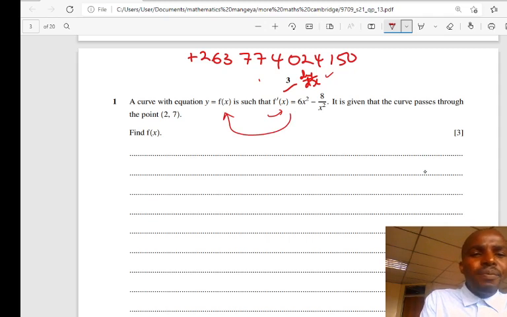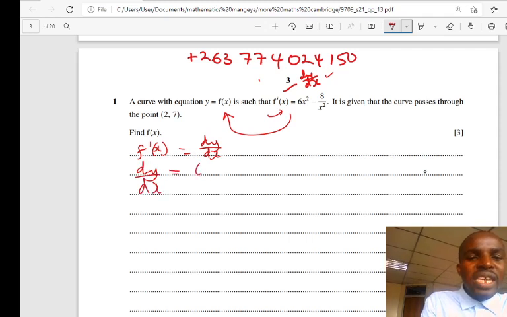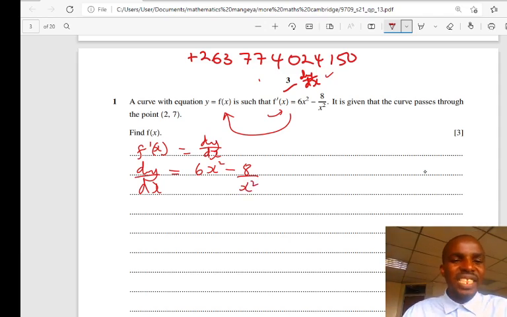What you do is you can say f'(x) is the same as dy/dx. Then you can write dy/dx equals 6x squared minus 8 over x squared, like this.